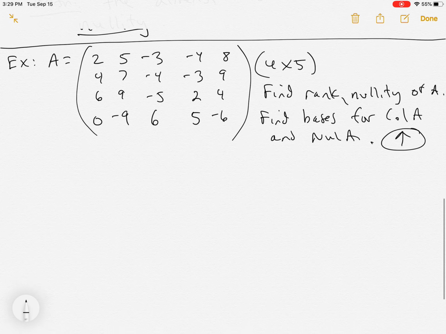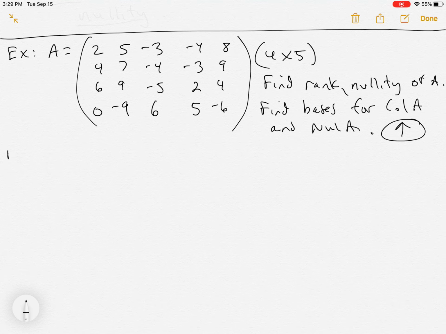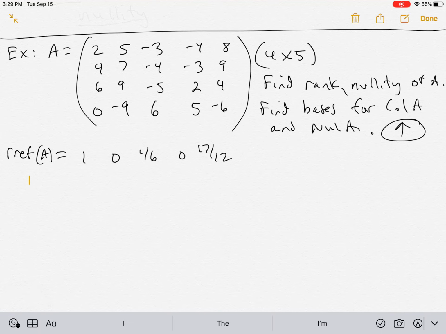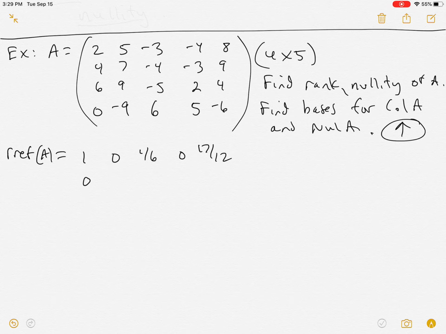Okay, so like almost every problem in this course, your first step is to get your computer out and find the row reduced echelon form of A. And when you do that, there's some fractions that appear, so it's not always going to be integers, you hope, but this one's not. At least there's no square roots. So the first row is 1, 0, 1, 6, 17/12. The second row is 0, 1, -2/3, 0, -1/6.